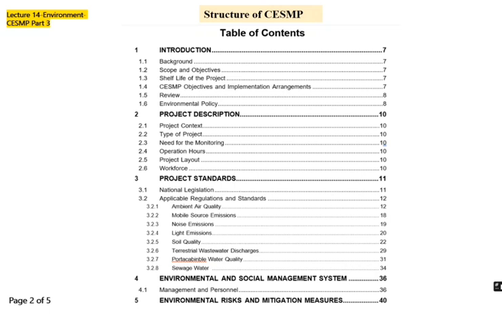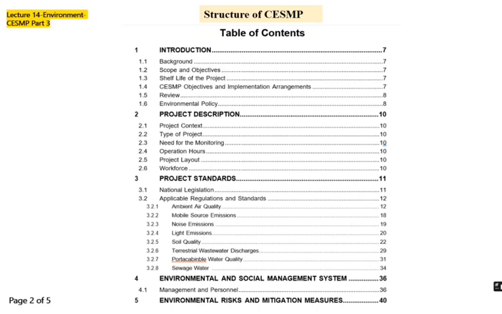So we have to specify the regulations and standards that apply during construction. These include ambient air quality, mobile source emission, noise emission, light emission, soil quality, terrestrial water discharges, potable water quality, and sewage water.